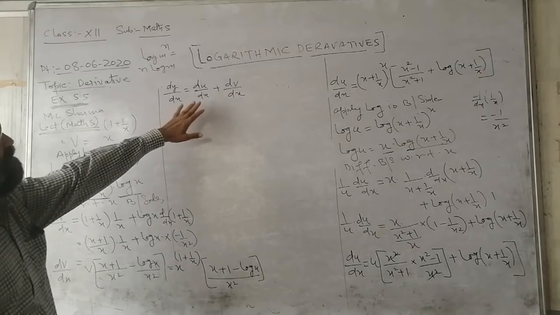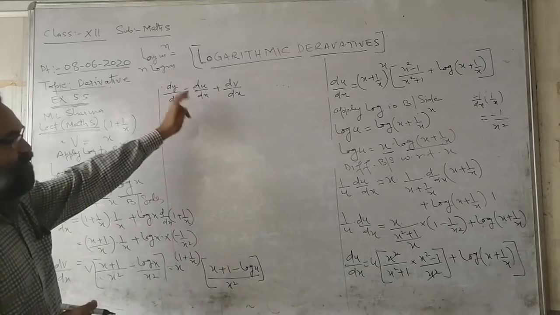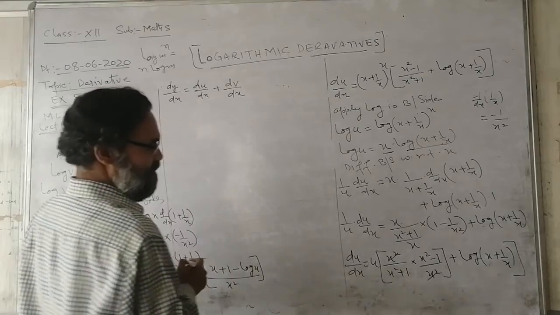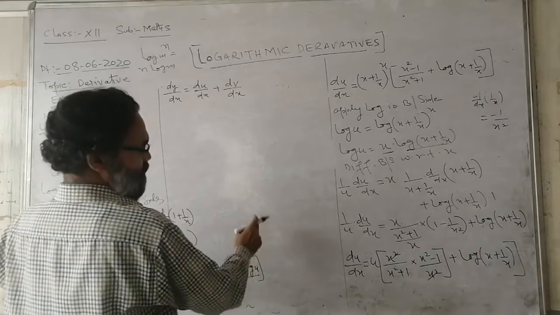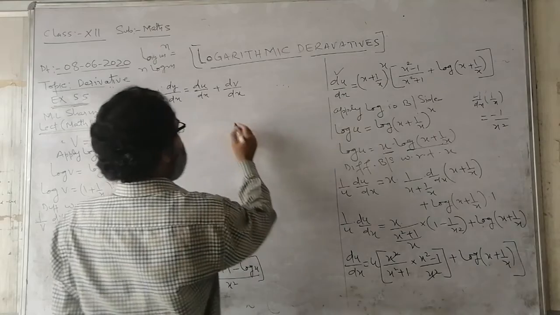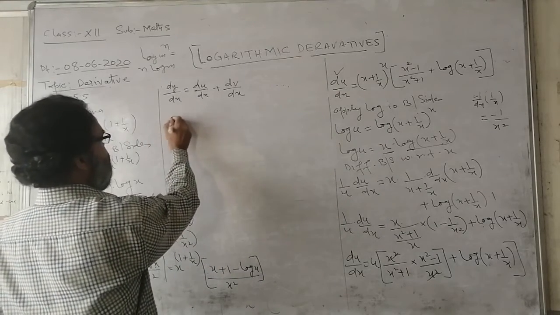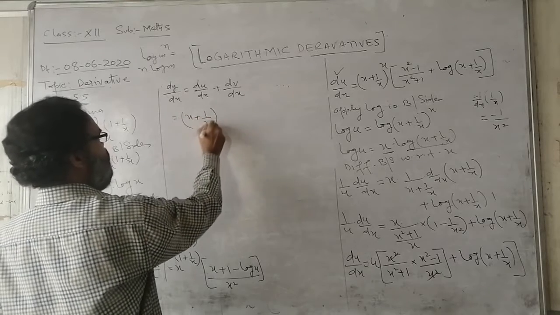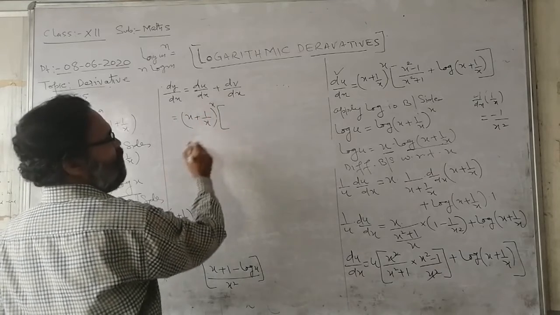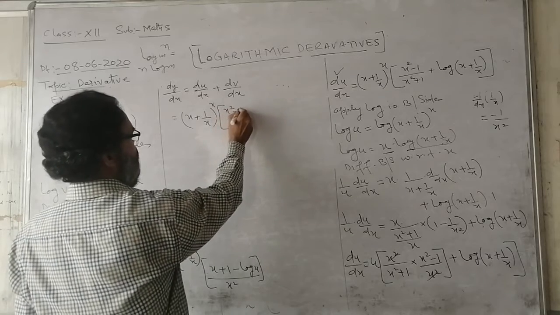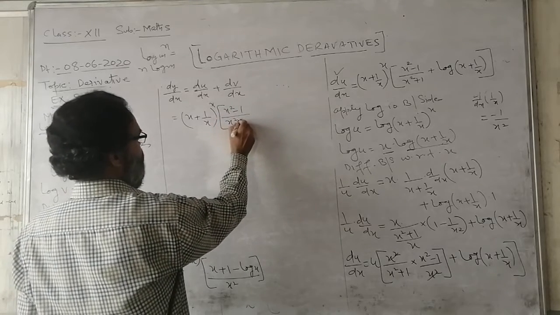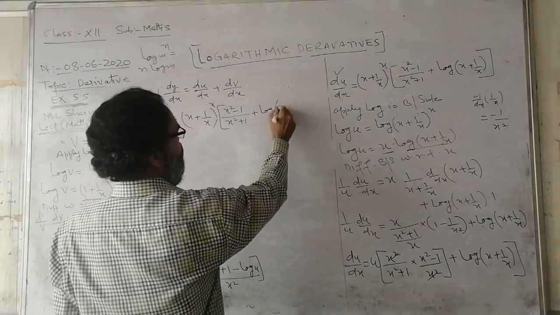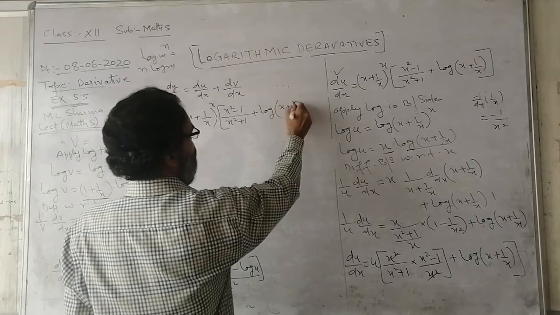So I substitute here the value of du upon dx, and the value of du upon dx is written here. This value, so this will equal x plus 1 upon x raised to power x into x square minus 1 upon x square plus log of x plus 1 upon x.